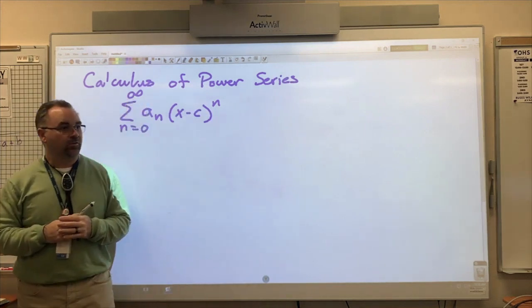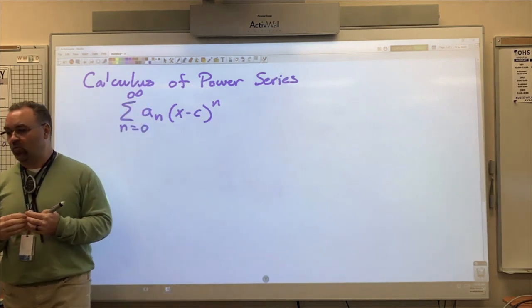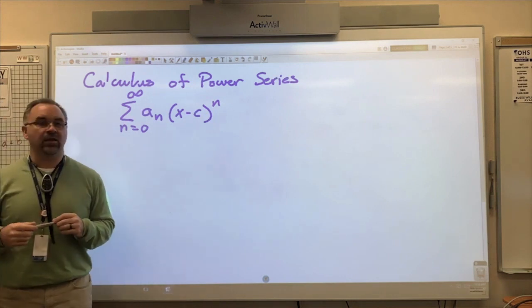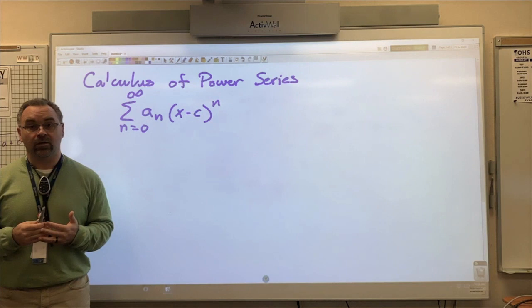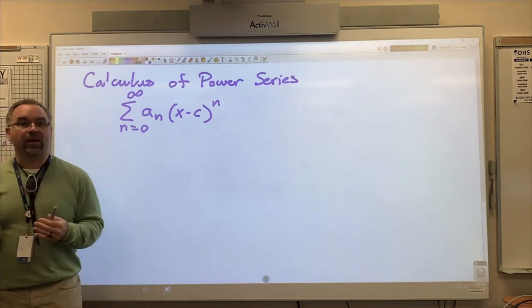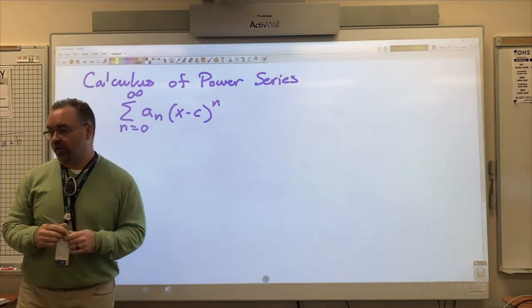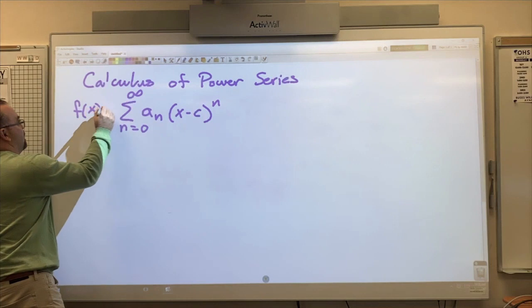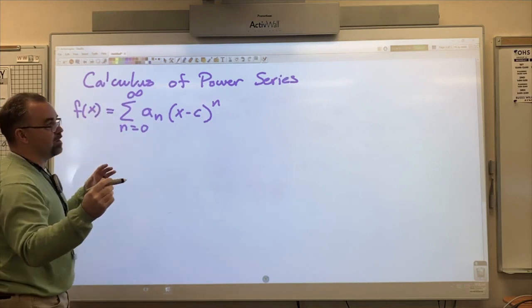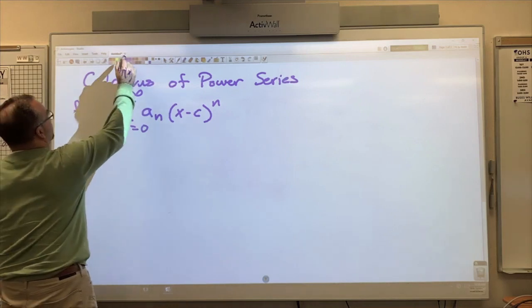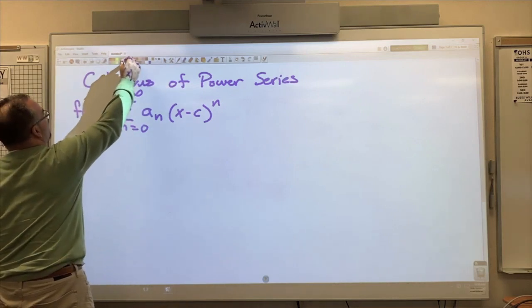So if I want to think of calculus then, when I'm taking a derivative, for example, what do we do? Well, we bring down the power and we subtract 1 from the power. If this is the function f of x, and it's represented by this power series, then what does its derivative look like?